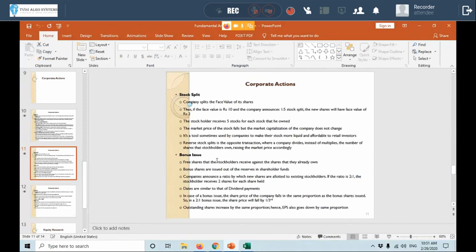So, what are bonus shares? Bonus shares are the free shares that the stockholder receives against the shares that they already own. For example, if a company announces a ratio of say 2 is to 1, it means that for every one share, the stockholder will receive 2 shares.